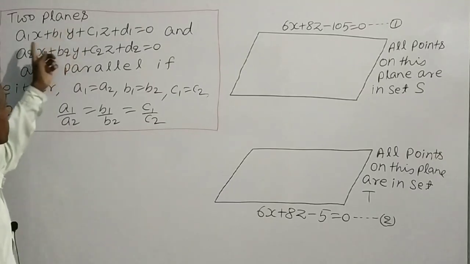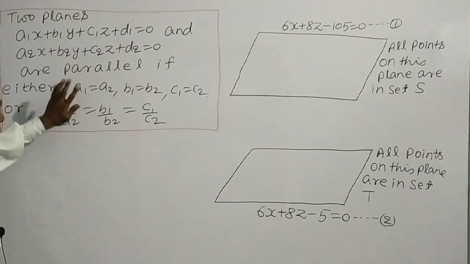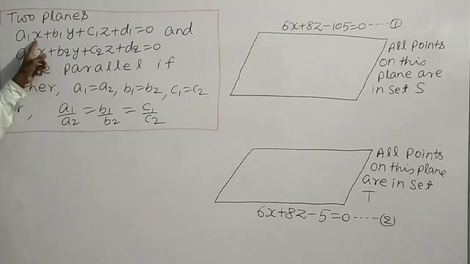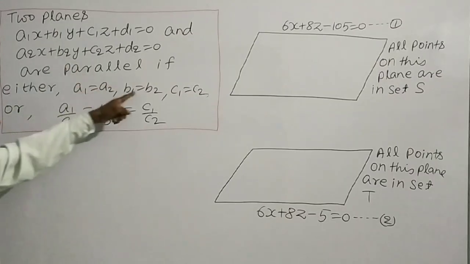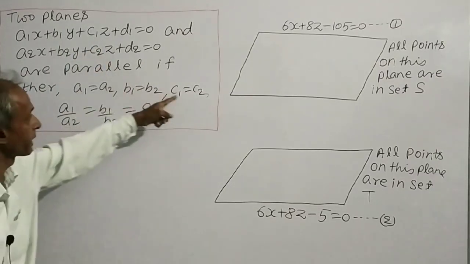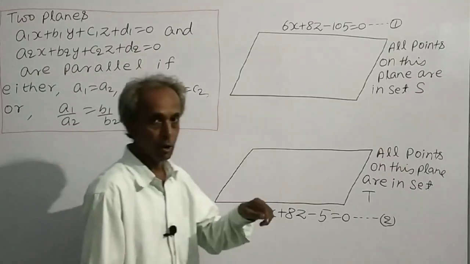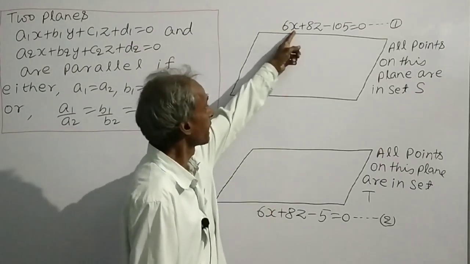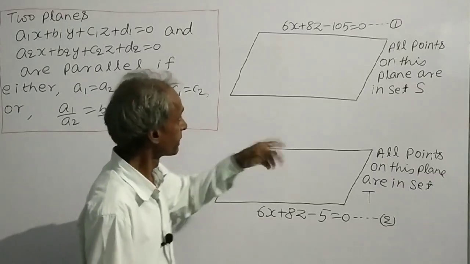Two planes, this and this, are parallel if the coefficients a1 and a2 are equal, b1 and b2 are equal, c1 and c2 are equal. Here we observe that the coefficient of x is 6, the coefficient of x is 6.